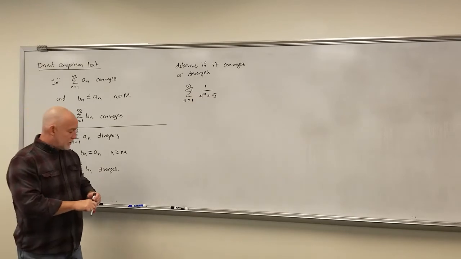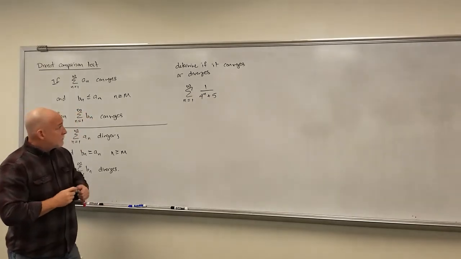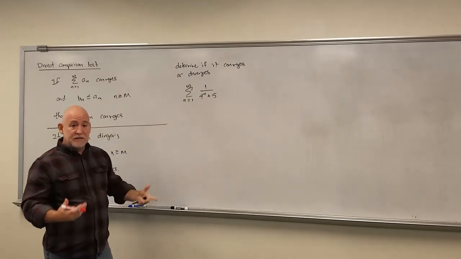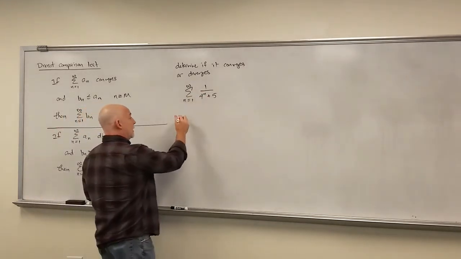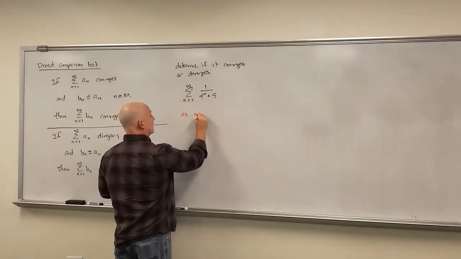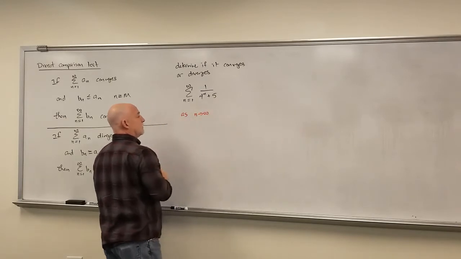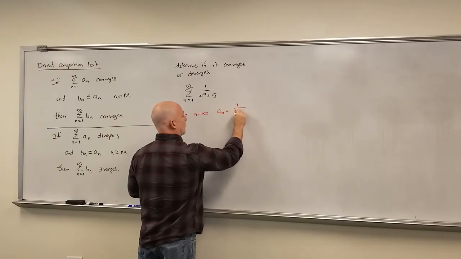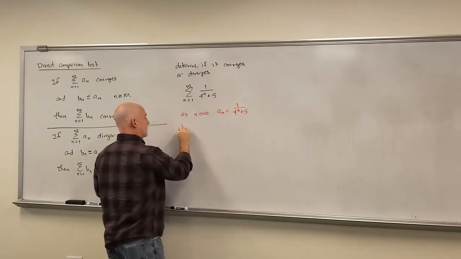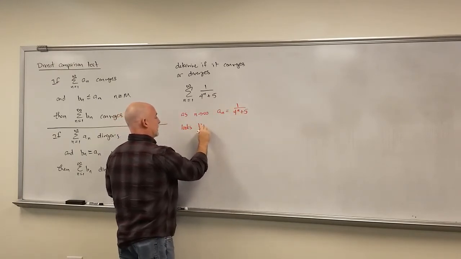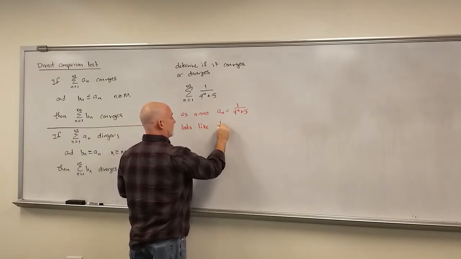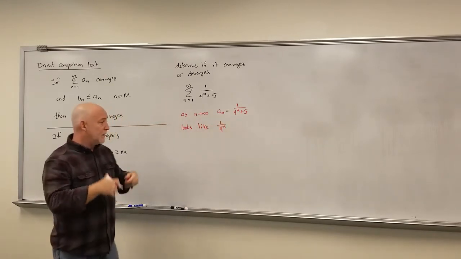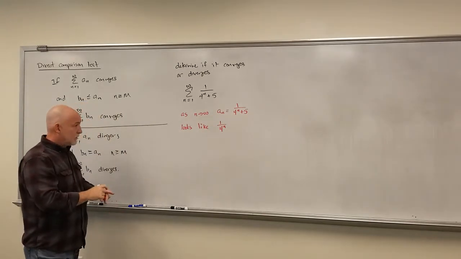Well, the easiest way to do this is let's really take a look at what this thing ends up looking like as n gets bigger and bigger. So as n goes to infinity, our a sub n, which is 1 over 4 to the n plus 5, looks like 1 over 4 to the n, right? Because that plus 5 isn't really going to matter when we get way out towards infinity.